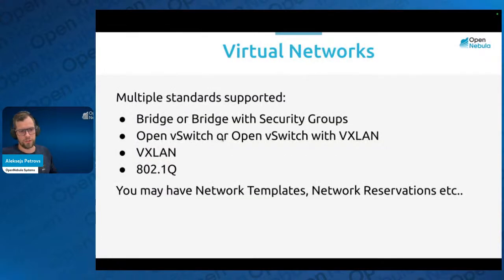Now, virtual networks. Something we need to be aware of when we start with OpenNebula is that OpenNebula supports multiple standards of virtual networks. It supports bridge or bridge with security groups, supports the OVS, or Open vSwitch, implementation, also supports the extended VLAN, so VXLAN, and 802.1Q is also supported.